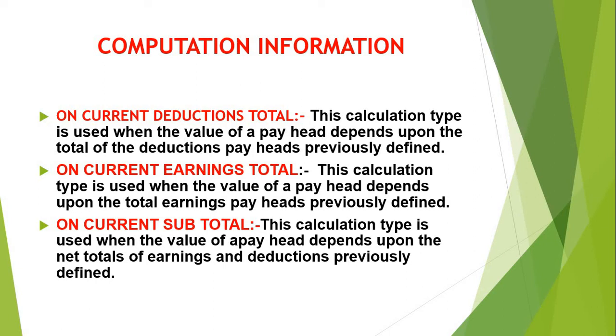So all these are the gross total, current earnings total. Next, on current subtotal. This calculation type is used when the value of a pay head depends upon the net total of earnings and deductions previously defined.